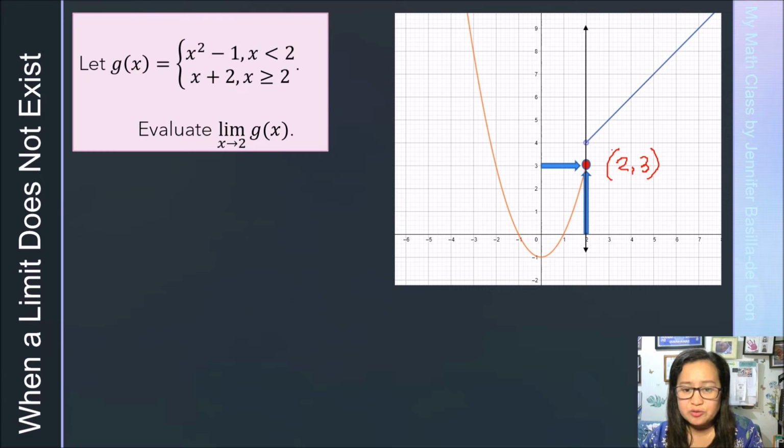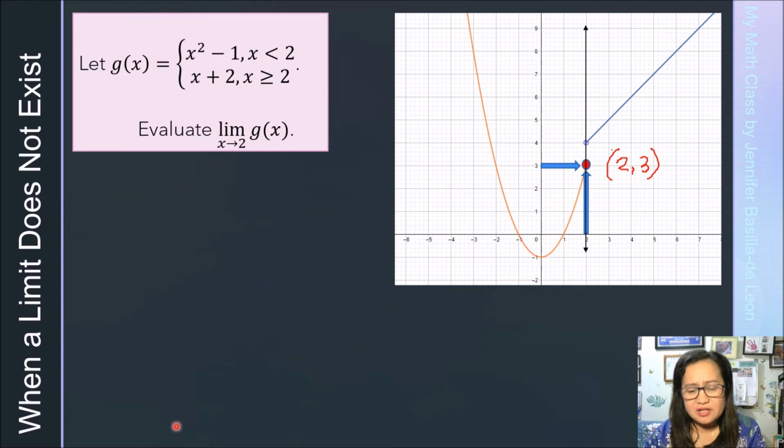If we trace the graph having a value of x less than 2, you would be able to see that as x approaches 2, the value of the function approaches 3.